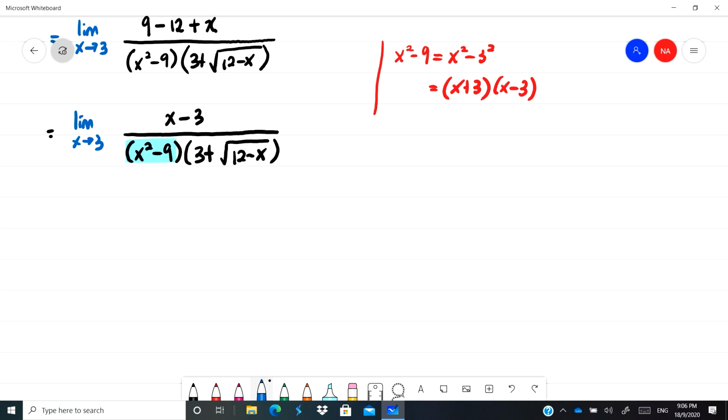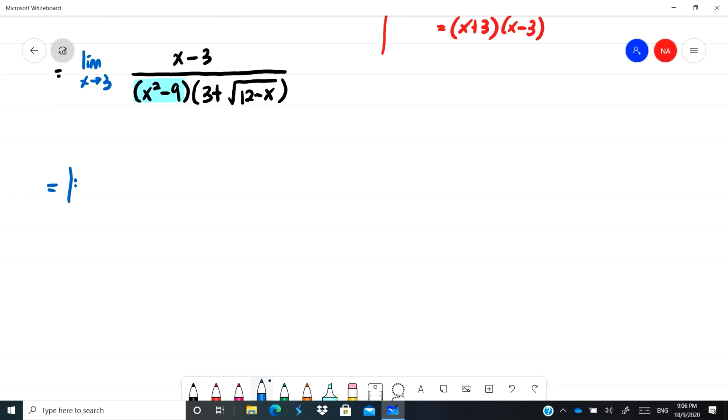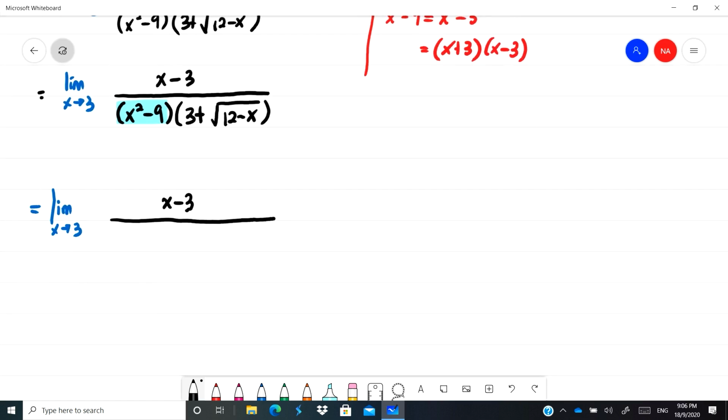So we have limit as x approaching 3, x minus 3 at the numerator. Now at the denominator, x squared minus 9 will be x plus 3, x minus 3, and the whole thing, 3 plus.